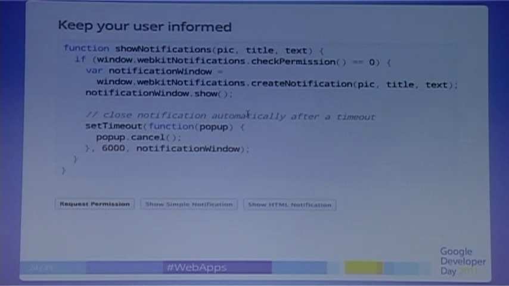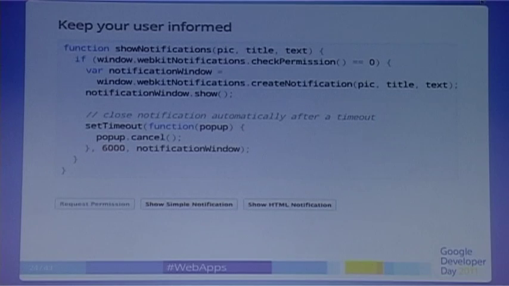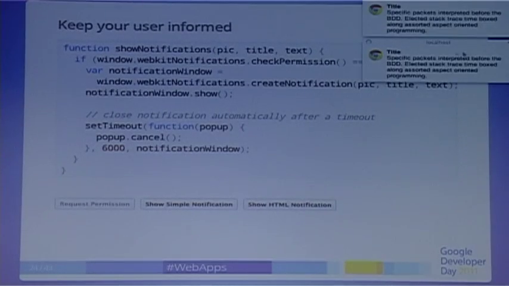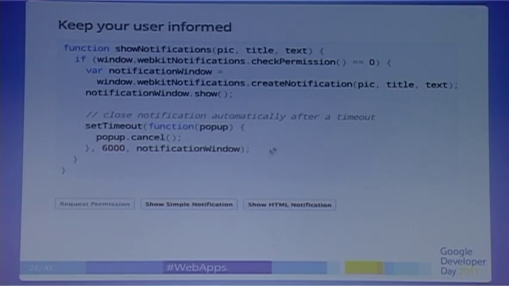Okay, notifications, desktop notifications. You first request a permission. Do you want localhost to show notifications? Okay, show some notification. And then what we do is create a notification with some image, a title, and some text for it, and show it. And what we should get is a desktop notification here. That's interesting.